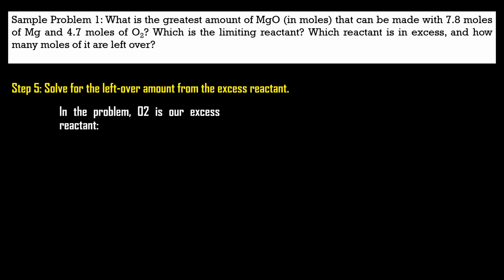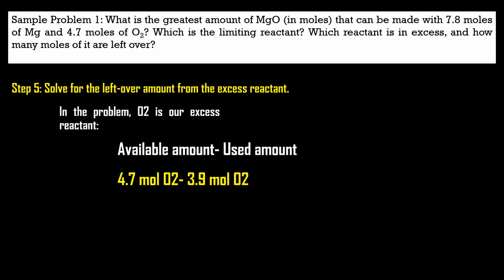To calculate the leftover amount of oxygen gas, we simply subtract the amount used in the reaction from the available or given amount of the excess reactant. These will be our values: 4.7 moles of oxygen gas, subtract 3.9 moles of oxygen gas.